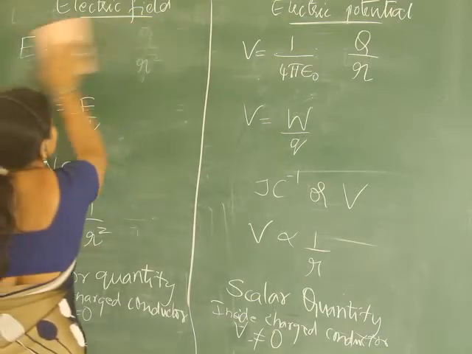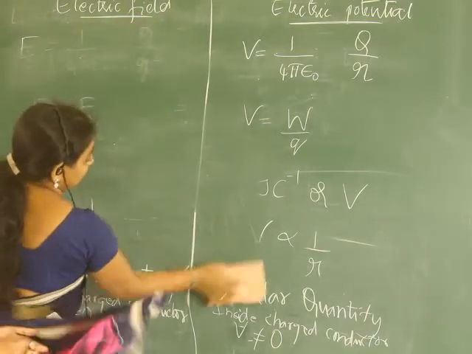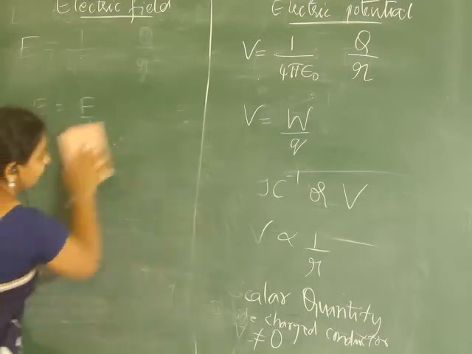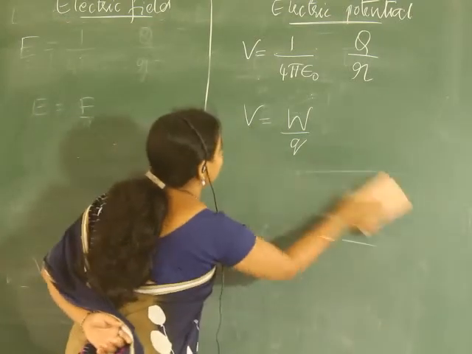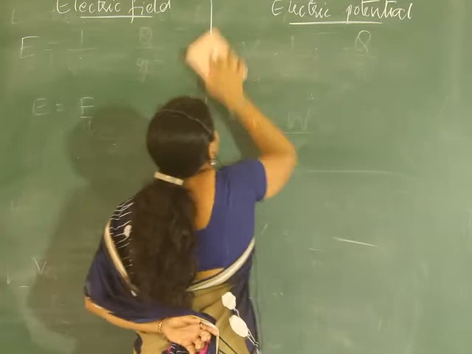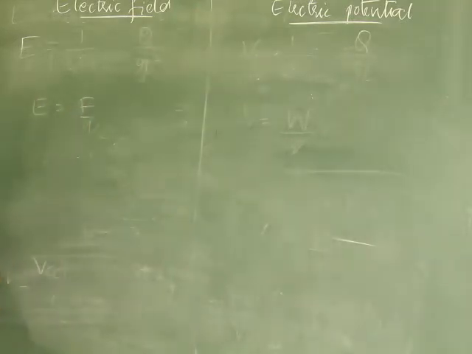Next, if we compare this electric field and electric potential, and if we plot the graph, all the other terms are the same, only the r and r square inversely proportional term that is present is different.